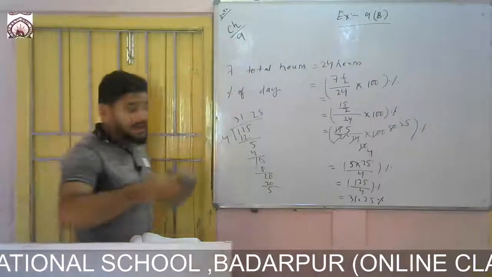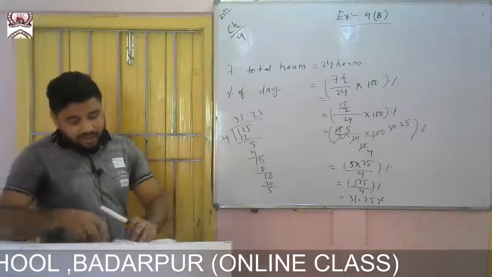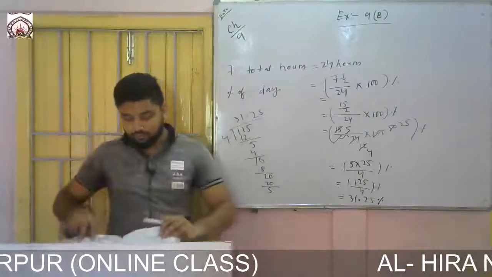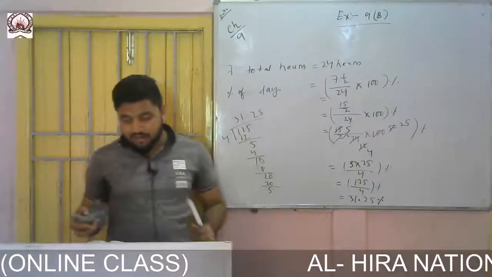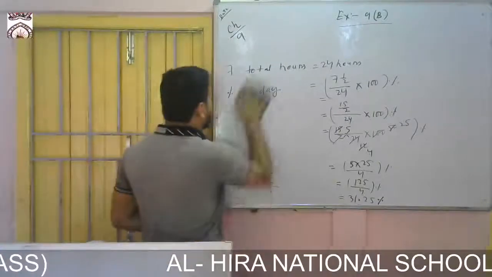So let the ratio of tin to copper be 3:5.